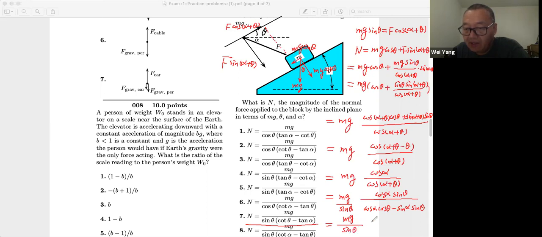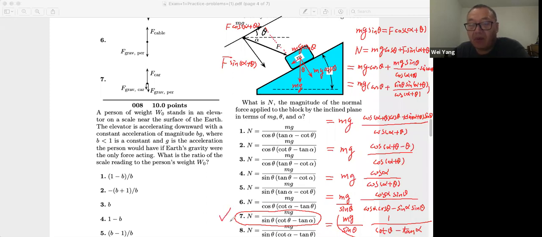Then you divide this one into the denominator as 1 over cotangent theta minus tangent alpha, right? So this one is actually the same as choice 7. So that means the correct answer is 7.